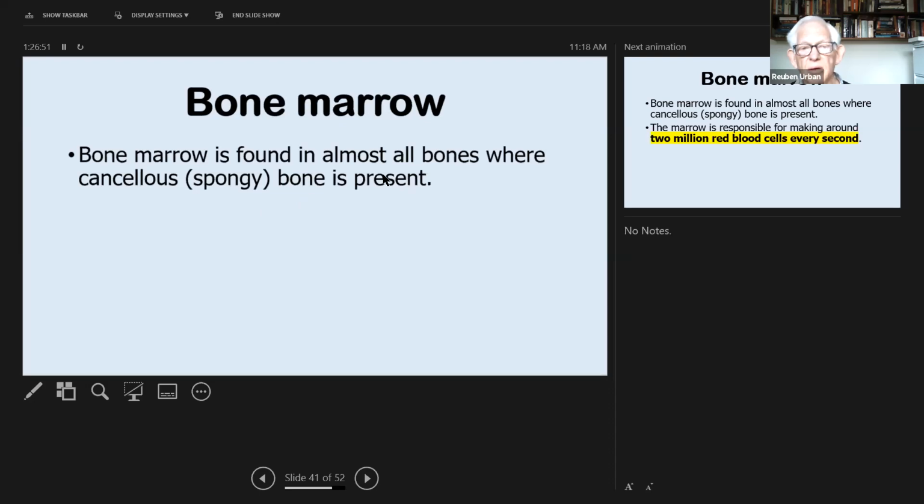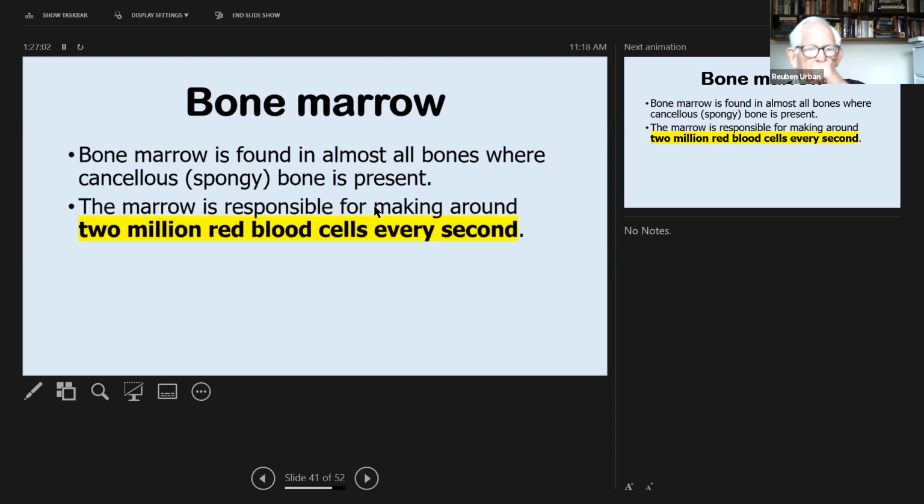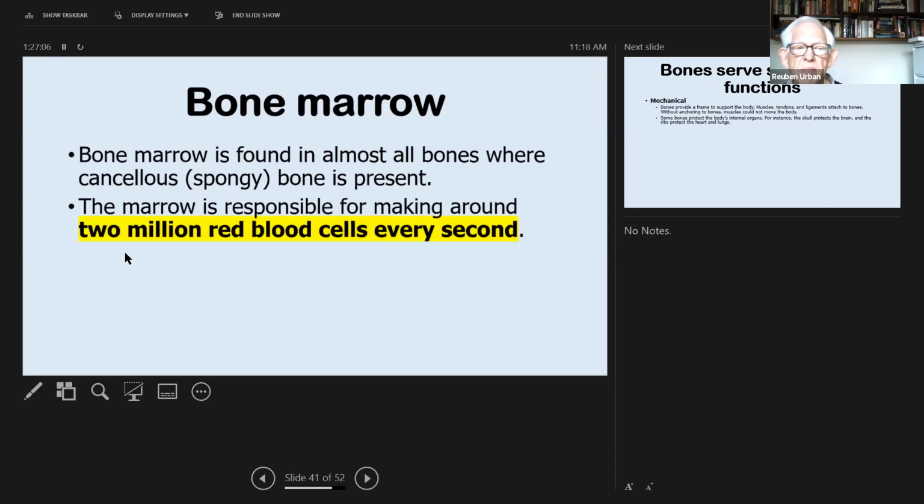Now not all bones have marrow. Only where they're called cancellous, spongy. So the marrow makes about 2 million red blood cells every second.